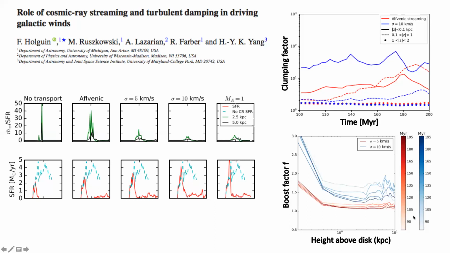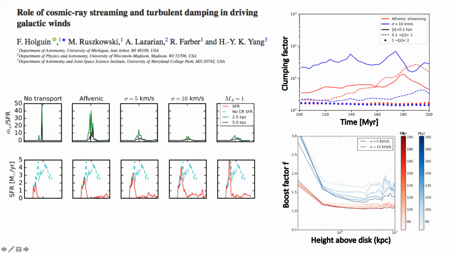And so we can also look at the boost in these simulations. So over here on the right, we have this factor of cosmic ray transport where 1 is the Alfvén speed. We see, for example, in this blue simulation that near the disk the cosmic ray transport tends to be about 3 times the Alfvén speed and decreases as we get above the disk all the way to about 1.5 times the Alfvén speed.